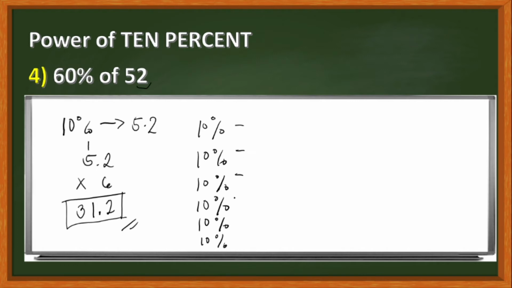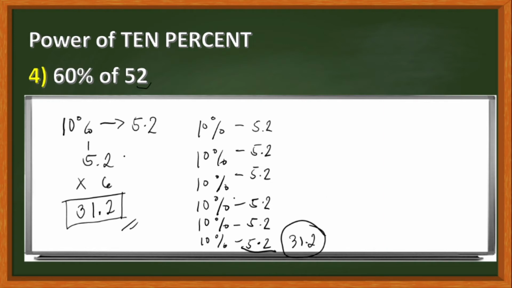So we have six 5.2s, and adding all the 5.2s, we get 31 and 2/10. So simply, you just multiply 5.2 by six 10%s. So you're going to get the same answer.